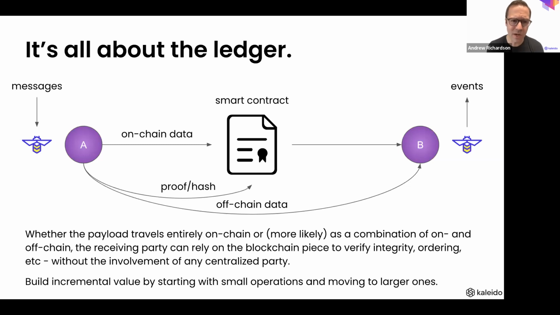So assuming it's some combination of on and off chain data, I can use FireFly to pin those things together and be assured that the off-chain data is always going to be verifiable because of a hash that was put on-chain.